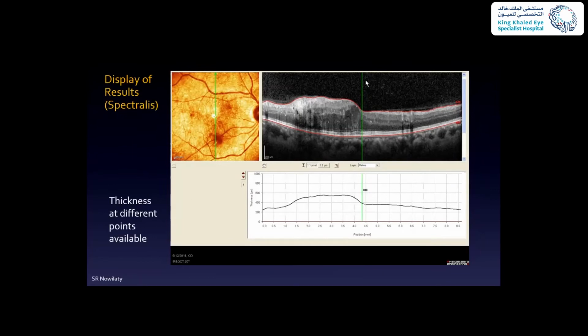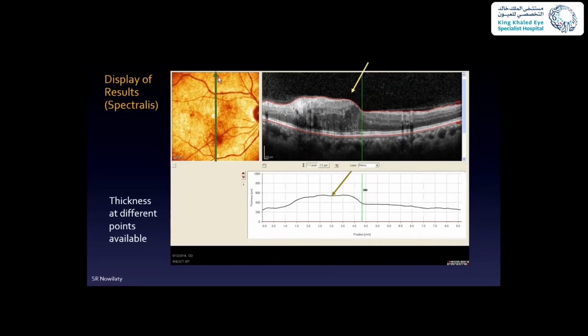For instance, here you have an eye that has macular edema. The segmentation lines are placed correctly, as you can see there. It'll show you that this area specifically has a thickness of somewhere around 580. At this level, the thickness is 580. You move the cursor a little bit here, and it will show you the thickness at each point. So that is very important.